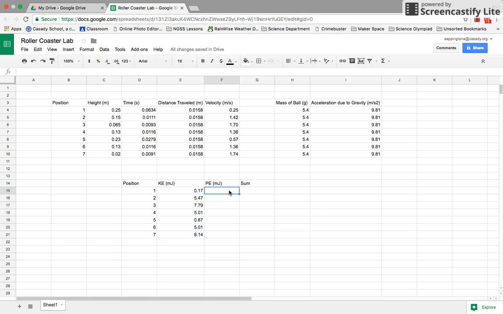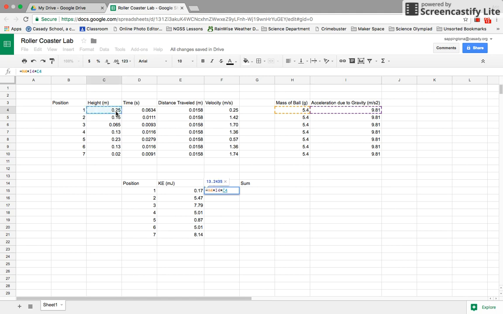All right. So now we're going to do the calculation for potential energy. Same kind of deal. The equation for that is potential energy equals mgh, mass times gravity times height. So we're going to hit our equal sign, and our mass is going to be this cell right here, H4, and I'm going to go times g, which is the acceleration due to gravity here, times the height, and here is our height for position 1.